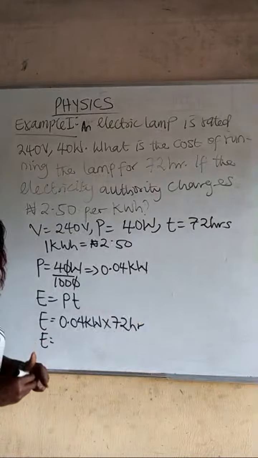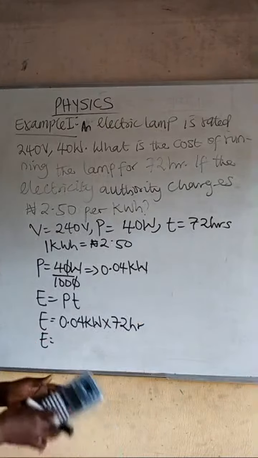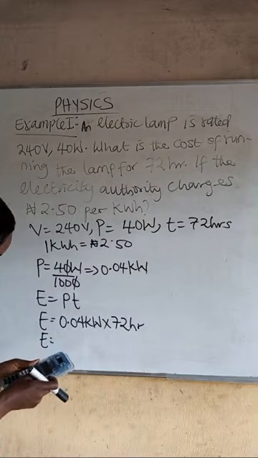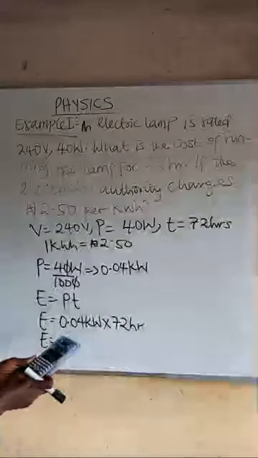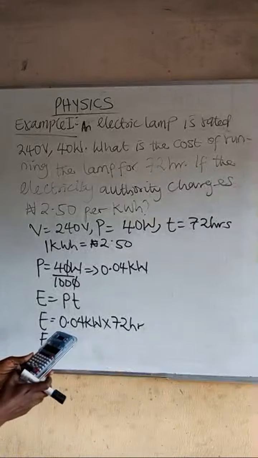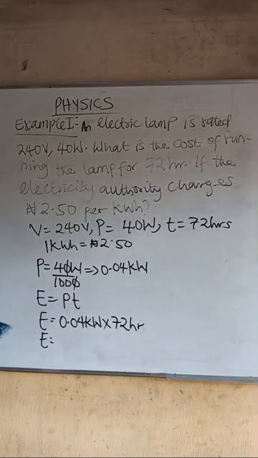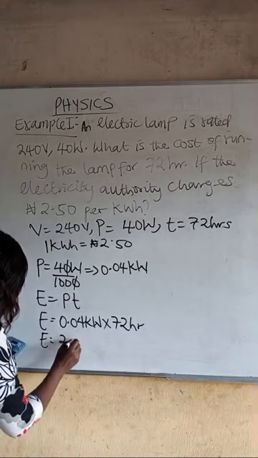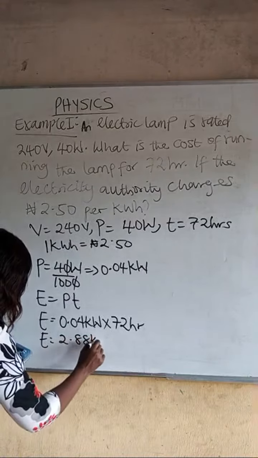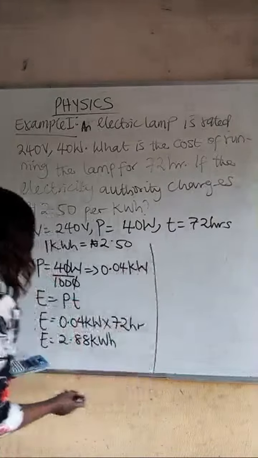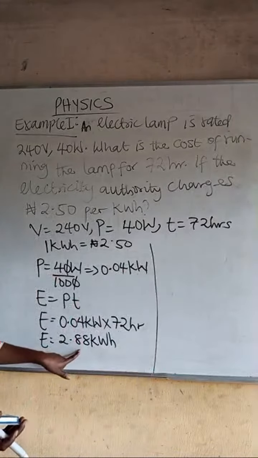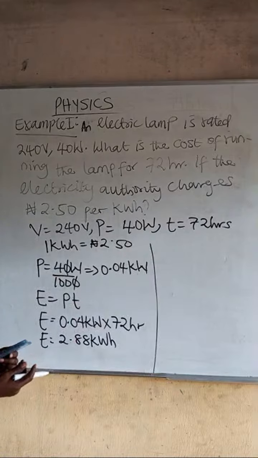Let's use our calculator to multiply 0.04 by 72. I'm going to have 2.88. It will now be kilowatt hour, so our energy obtained is 2.88 kilowatt hour.